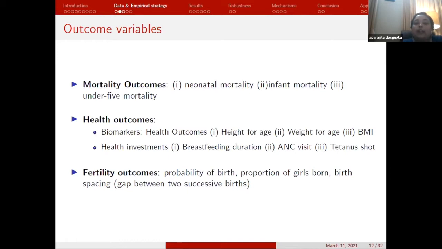In terms of health outcomes, as mentioned before, it has great data on objective biomarkers: measured height, measured weight, BMI, and health investments, again very detailed data on breastfeeding duration, antenatal care visits, tetanus shots received, and so on. For fertility outcomes, we compute the probability of birth. We look at the proportion of girls born and also birth spacing. And I'll give you more details as I go on.